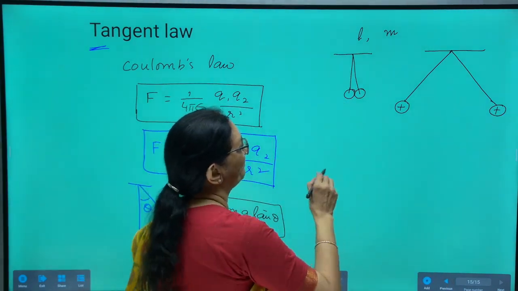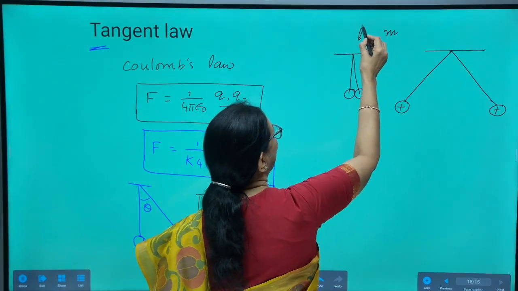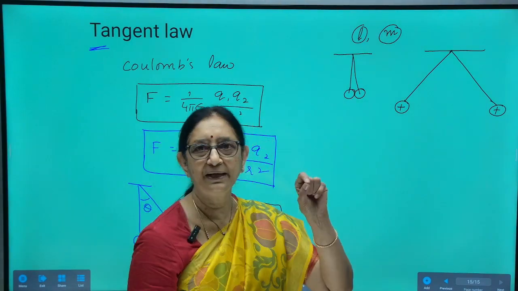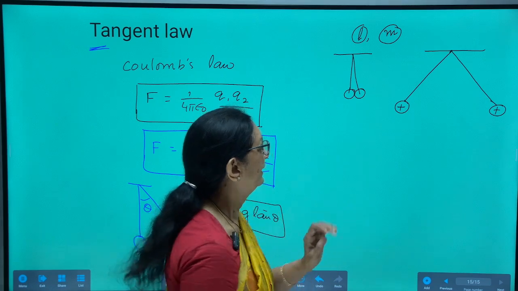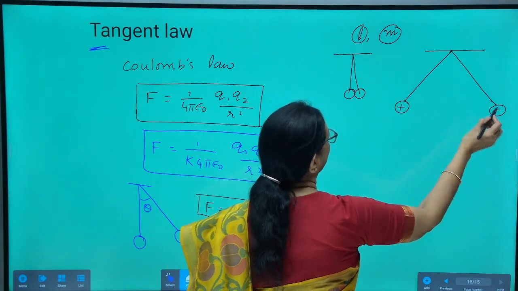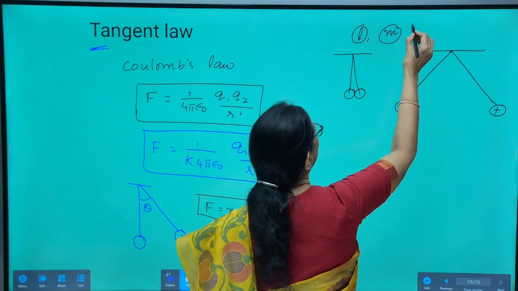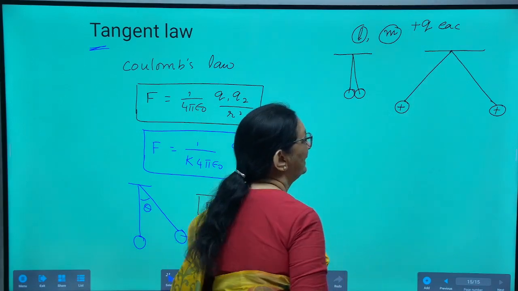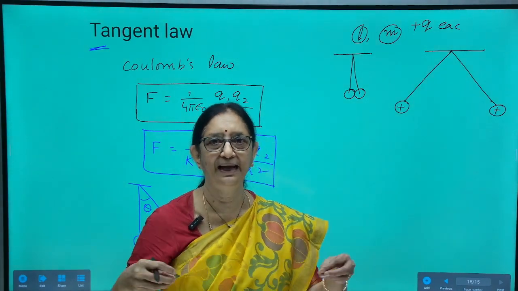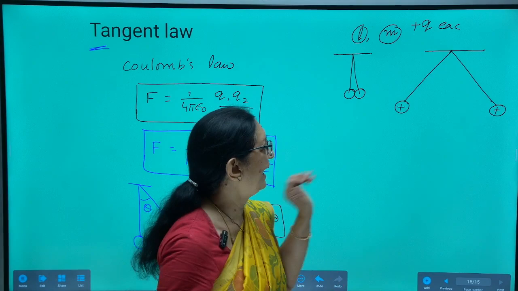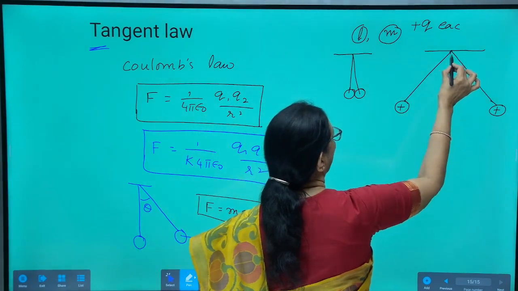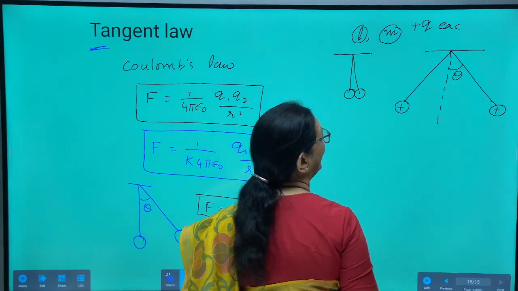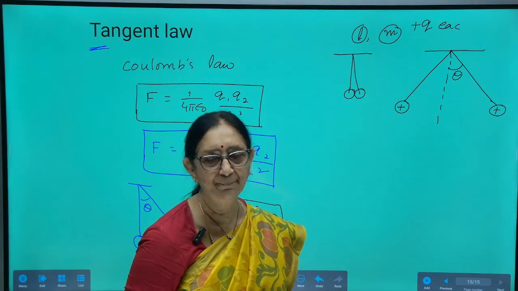Two simple pendulums of equal lengths and equal masses are suspended from the same point. The bobs of the pendulums are given equal charges plus q each. Then, because of the repulsion, the arrangement moves apart as shown, so that each string is making an angle theta with the equilibrium position.